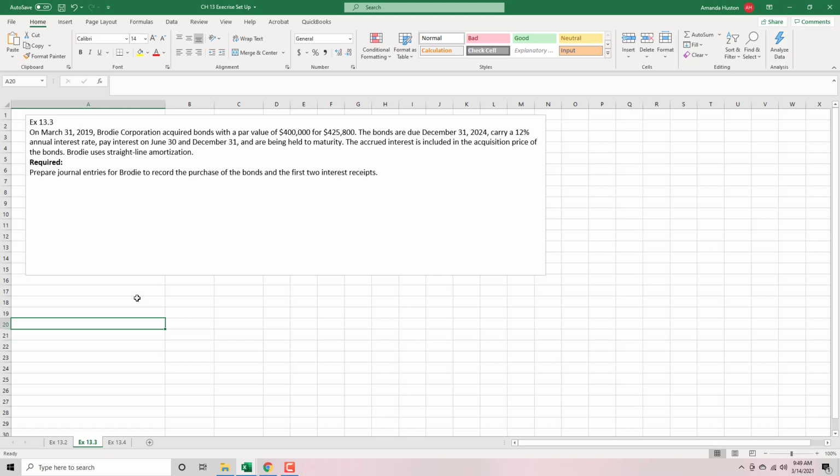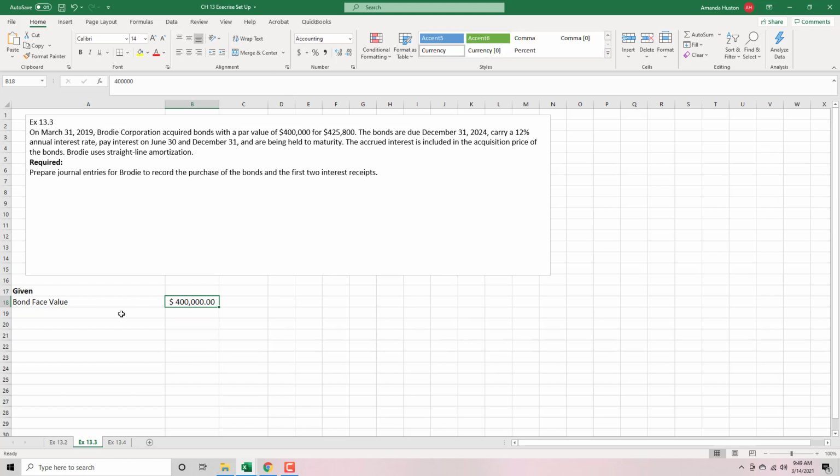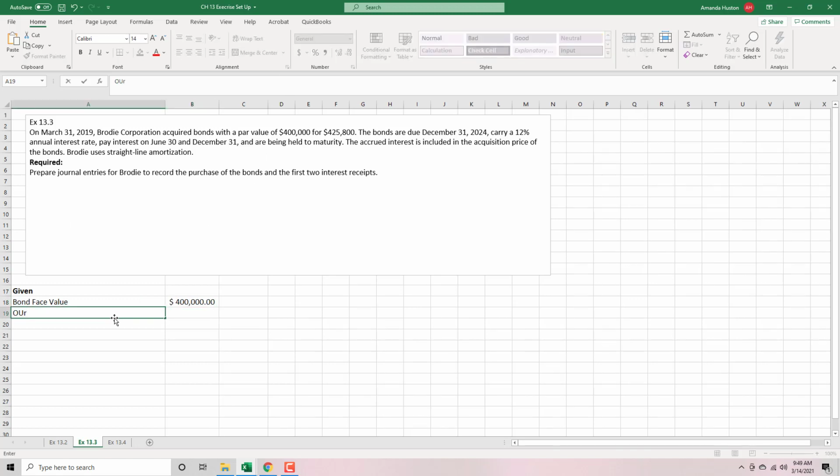So let's put down the given information. Given: we have bond face value, $400,000. We have purchase price, including accrued interest, $425,800.